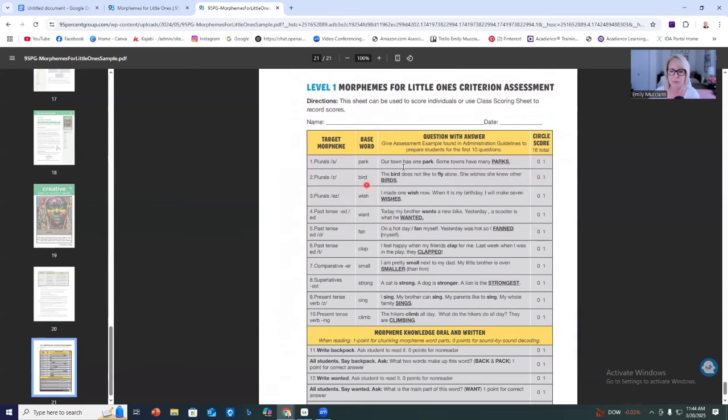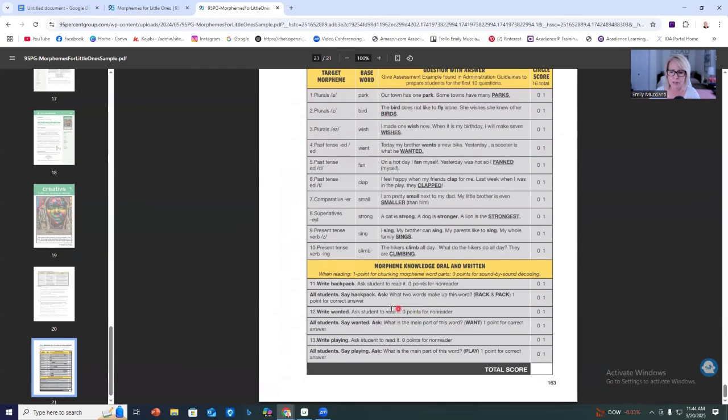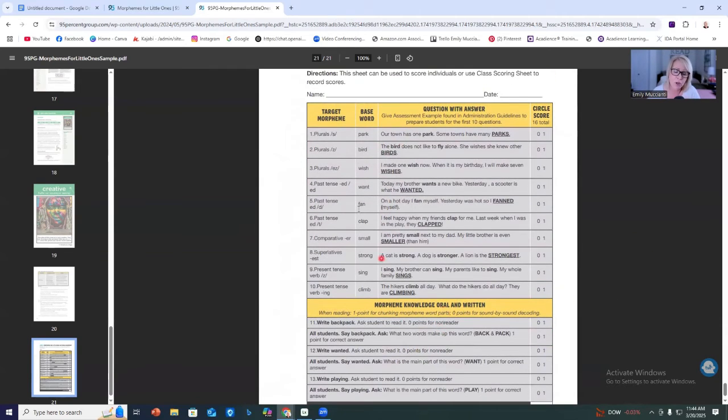It gets into some writing, and those are available also. These are optional. They are things that you could use if you wanted to kind of know where those kids are, or if you wanted to see as a mastery check if they actually were able to incorporate those particular morphemes into their lexicon.